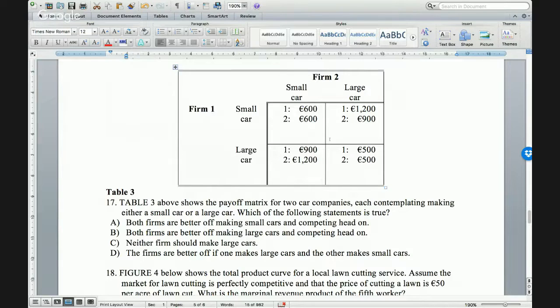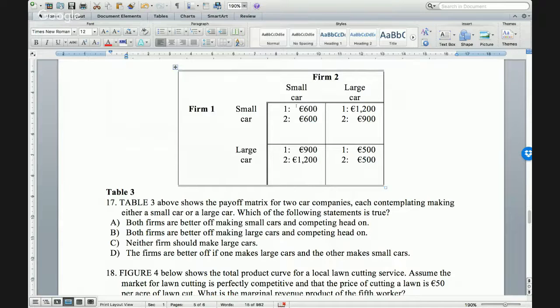So what would they be better off doing? 600 looks quite tempting, because if the two of them agree with one another to make a small car, they will make €600 profit. Why would they produce large cars and only make €500 profit? So they could agree on this. But then would the firms trust each other? Because as we mentioned earlier, there's price competition and collusion is illegal.